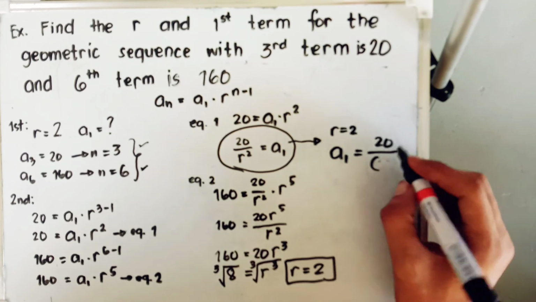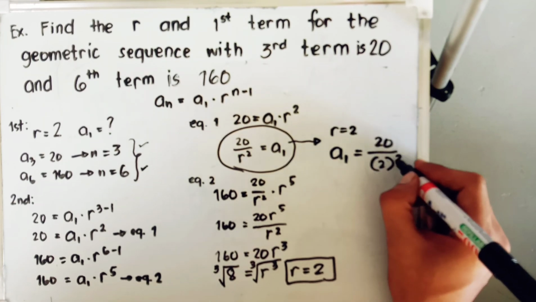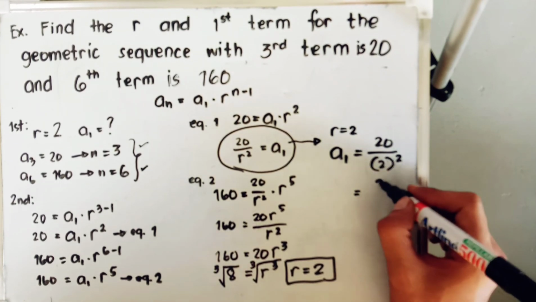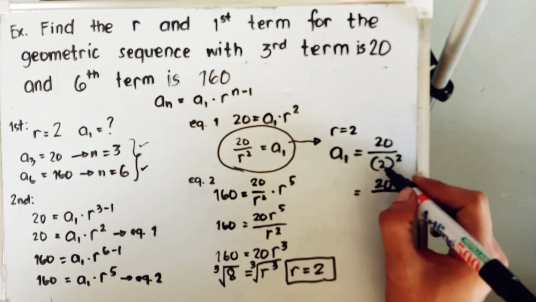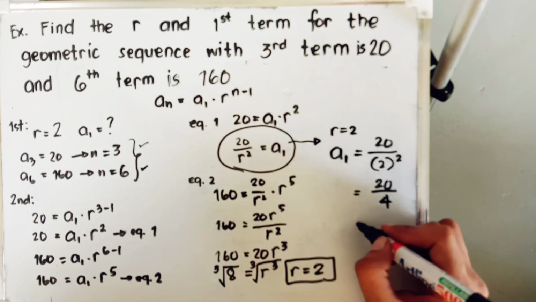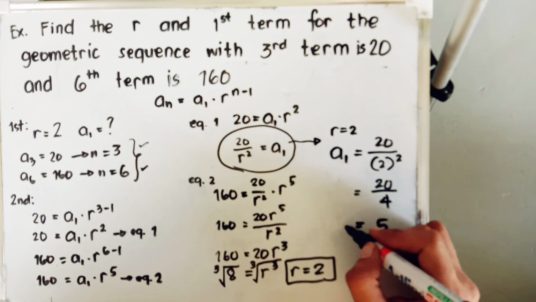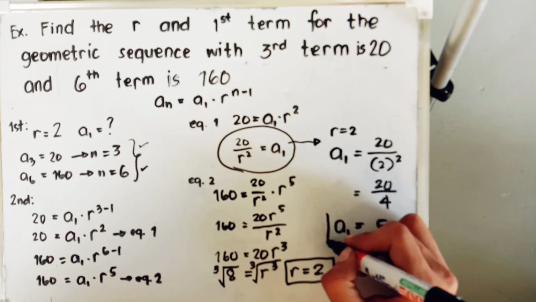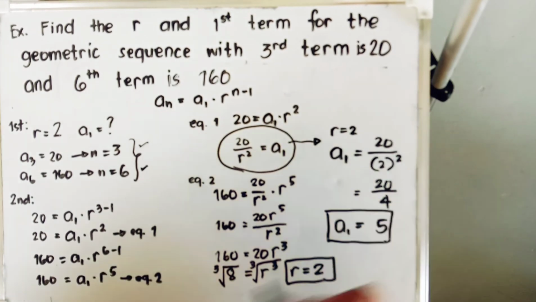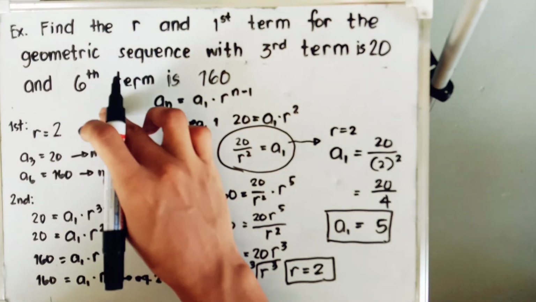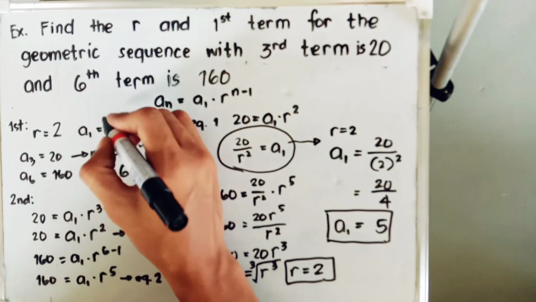Your r is equal to 2, to the power of 2. So we have 20 over the square of 2, which is 4. Therefore, your a sub 1 is equal to 5. So your a sub 1 is equal to 5.